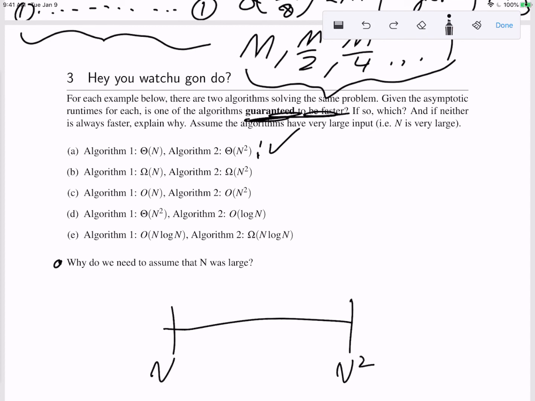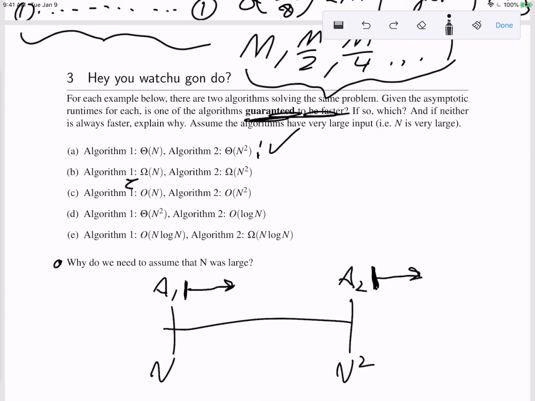If someone says something is omega of something, for example, algorithm 1, that means this: algorithm 1 lies either exactly on this or somewhere to the right. And algorithm 2 lies exactly on here or somewhere to the right. And now they're asking, is algorithm 1 always faster than algorithm 2?